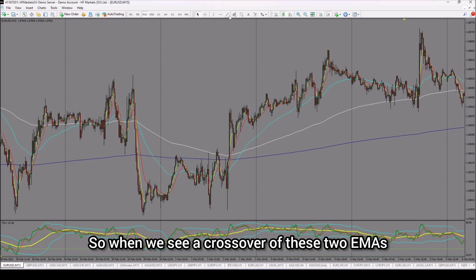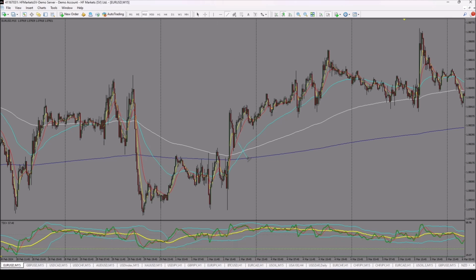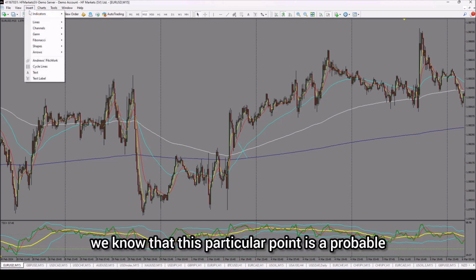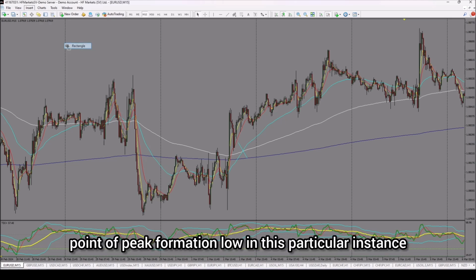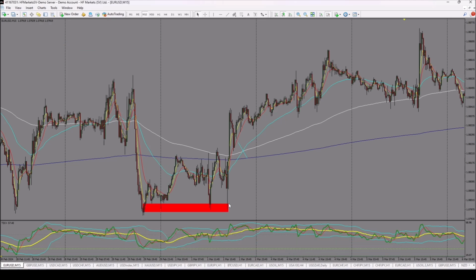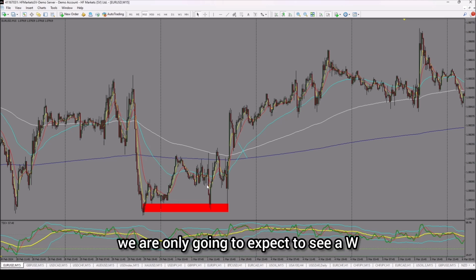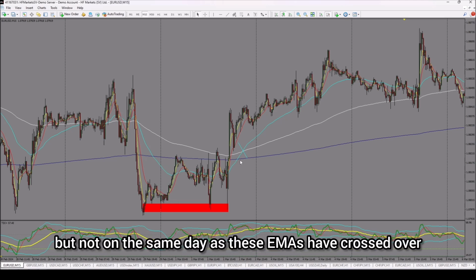When we see a crossover of these two EMAs, we know that this particular point is a probable point of peak formation low in this instance. If we have a peak formation low, we are only going to expect to see a W, but not on the same day as these EMAs have crossed over.